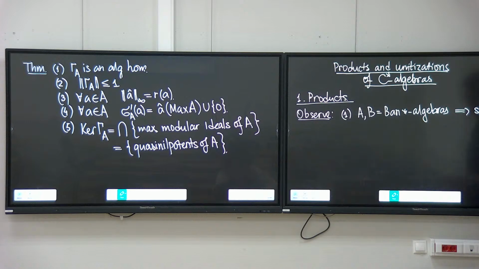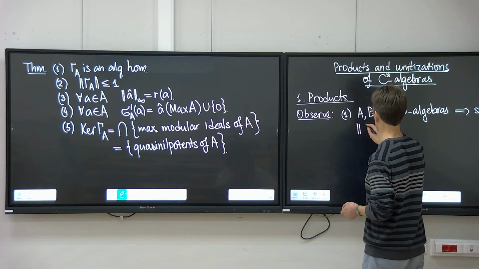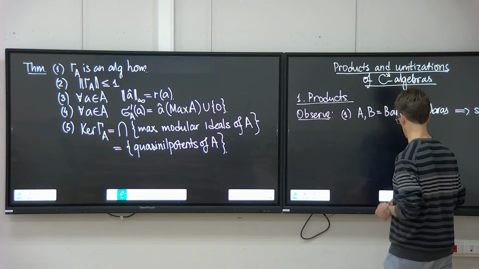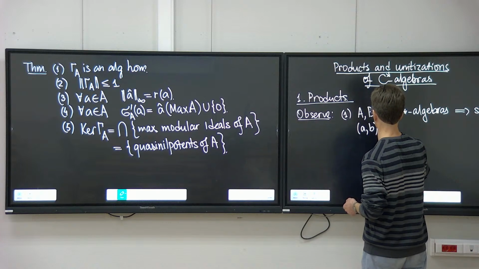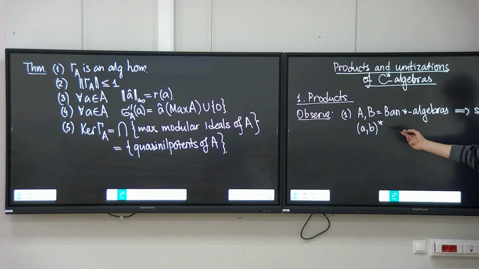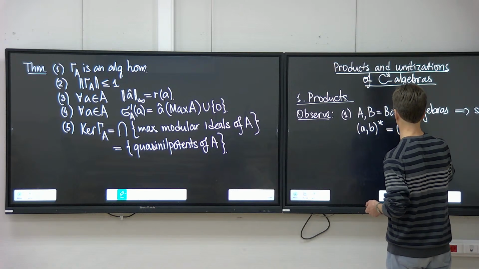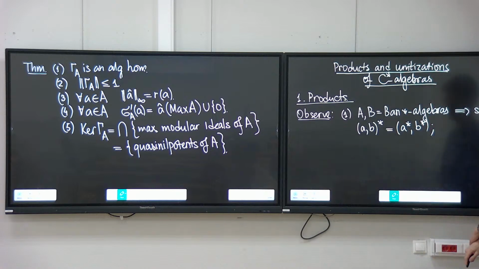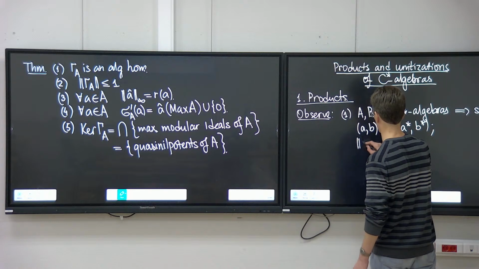In the following natural way, we define the norm on, well, first let's define an involution, which is immediate. So if we have an element in the direct sum, and if we want to define its adjoint, the involution is defined in the following obvious way. This is the involution on the direct sum, and the natural norm is the maximum norm.